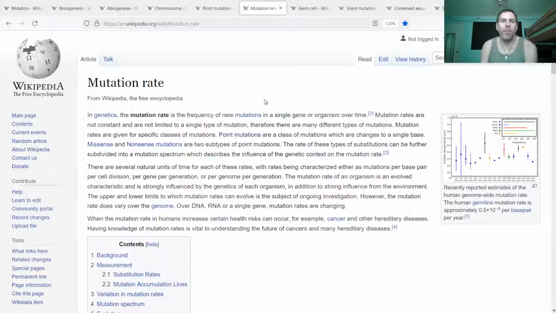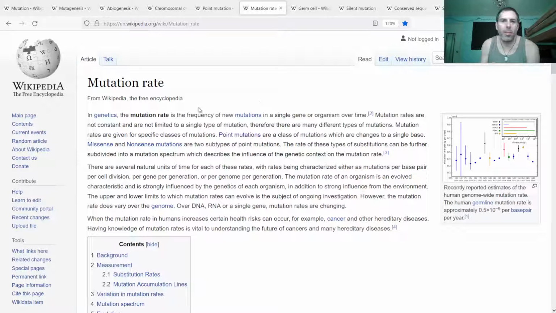If you're focused on a certain type of mutation, you can look into a mutation rate, just how often that mutation occurs, and that might be somewhat a function of the environment. If you're out in the sun, you might get more mutations in your skin cells, but those wouldn't be heritable mutations.